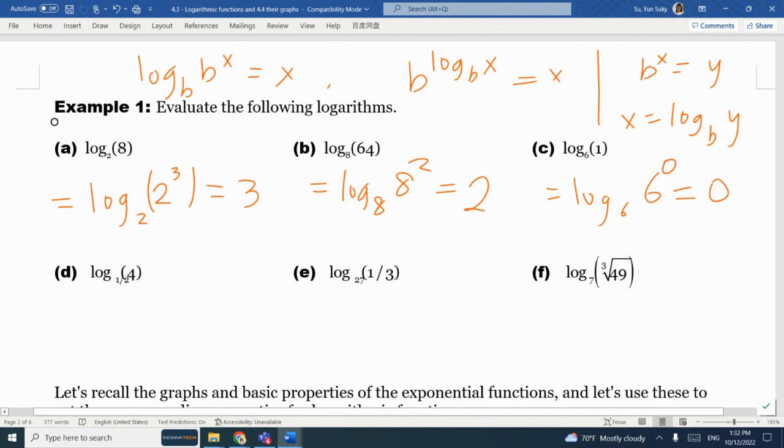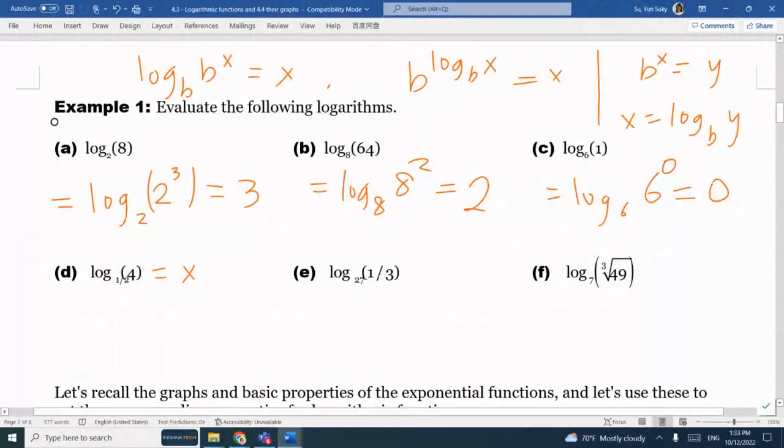So now set this equal to x. Okay, set this equal to x, so log base 1/2 of 4 equals x. Now you want to write down the exponential form. What's the base? 1/2.